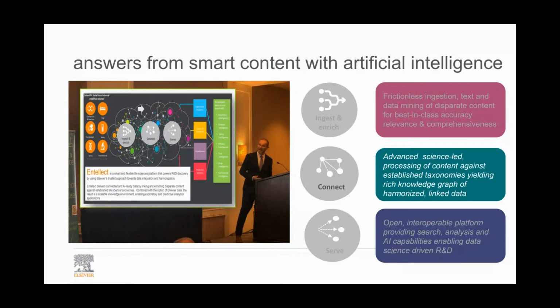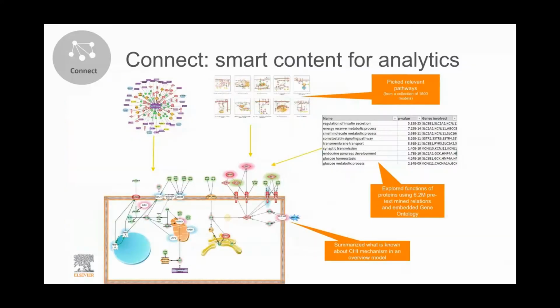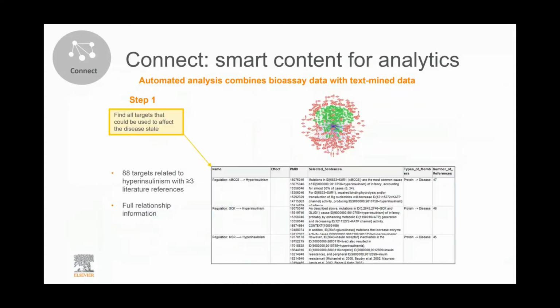So just very quickly, I'll run through what we did with Pfizer on congenital hyperinsulinism, starting off with the disease pathway. Starting with the disease pathway, we identify the targets associated with that.